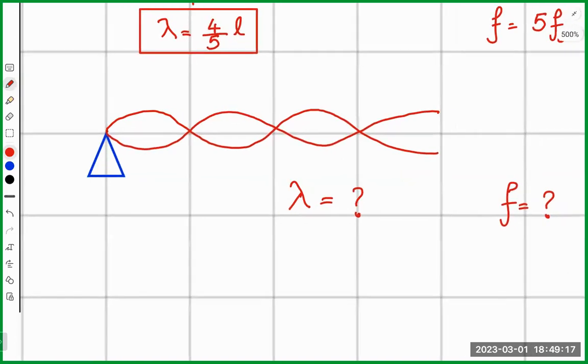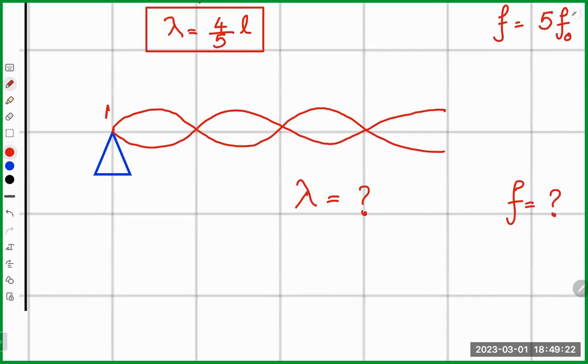Similarly, in this case you have a node, node, node, and an antinode. That will make 1.5 of lambda. And then we have a quarter of a wavelength, so it will make 1.75, which is 7/4 lambda.